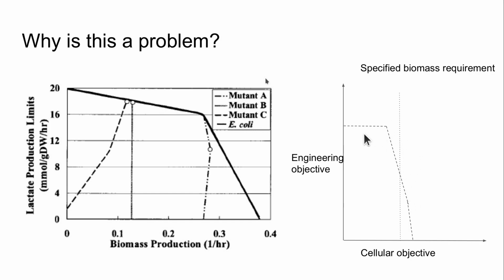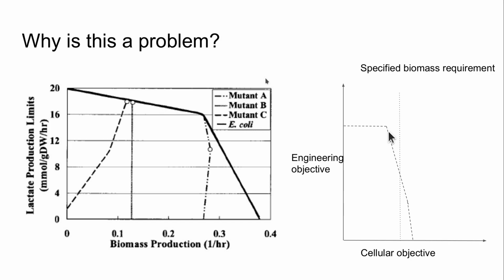If we had a cell where the wild type looks like this, and we specify a given biomass requirement, this here, we might miss out on some very useful strategies here that would have much higher values for the engineering objective and not that much lower growth.